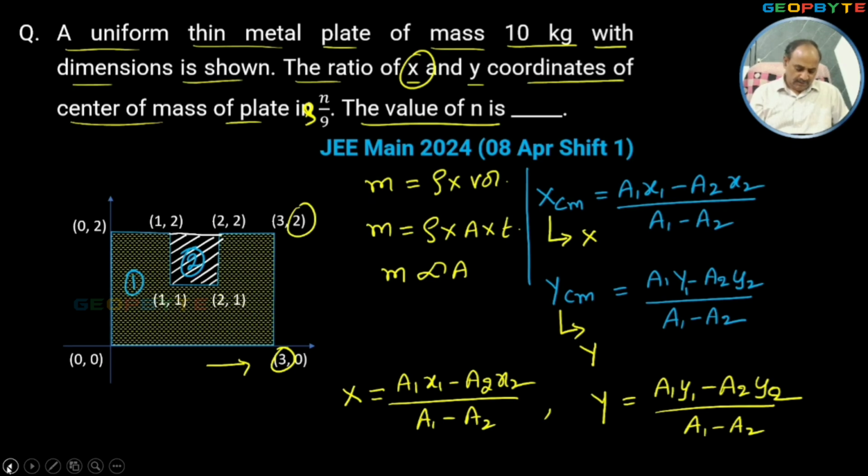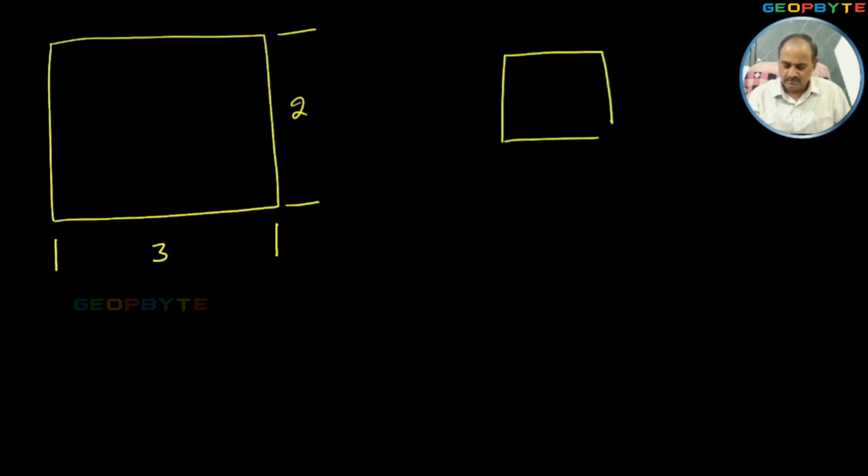Then look at the cavity part. I am marking the cavity part. This is the cavity part. Look at the dimensions of the cavity part.